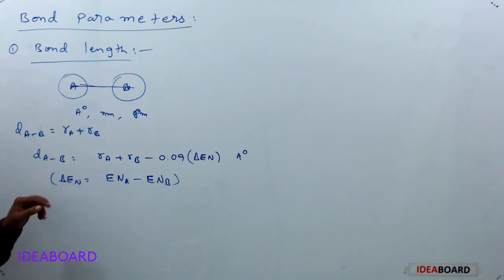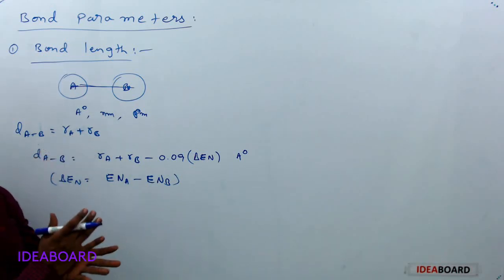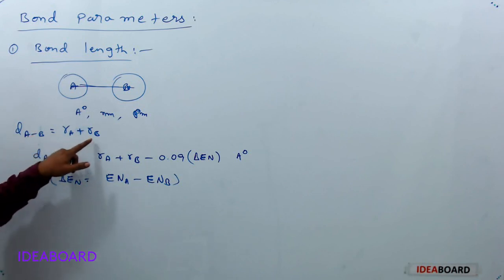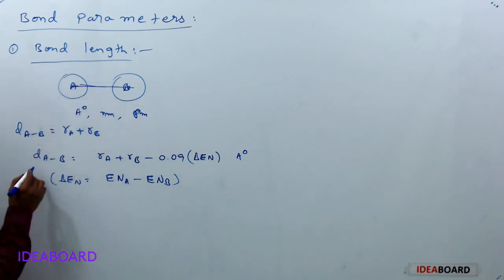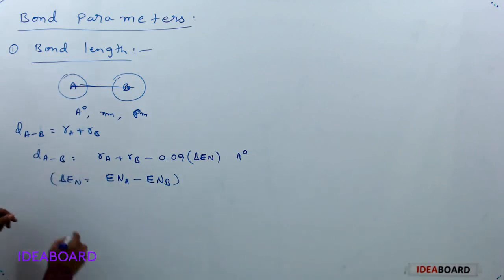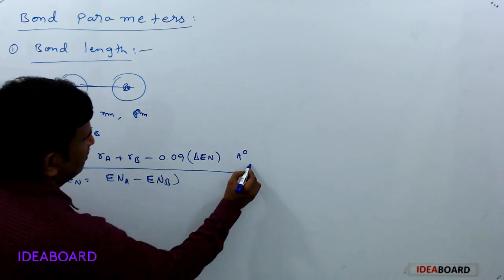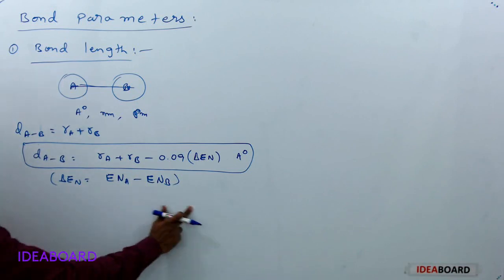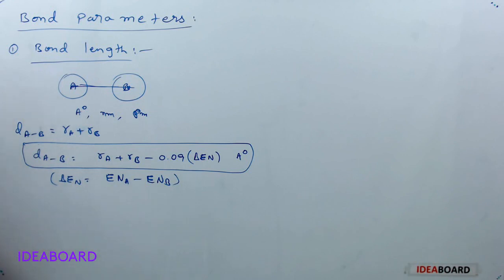Whenever the electronegativity difference is 0, we directly use the formula with the radius of A and the radius of B. If the electronegativity difference is not equal to 0, then we use the other formula for calculating the bond length between two atoms. In polyatomic molecules, we can take the average bond length value.